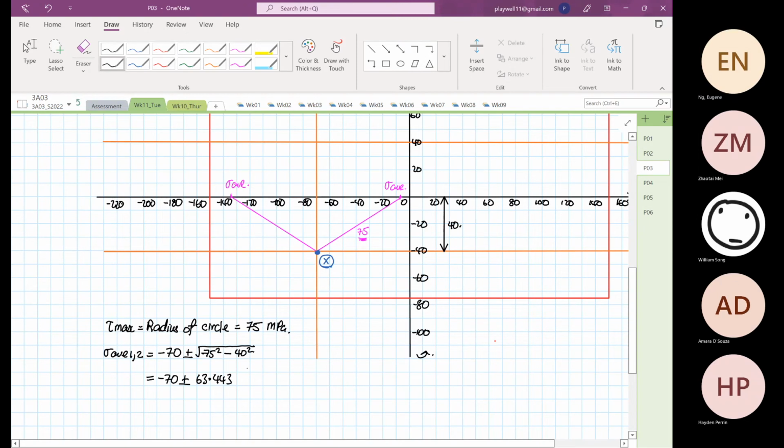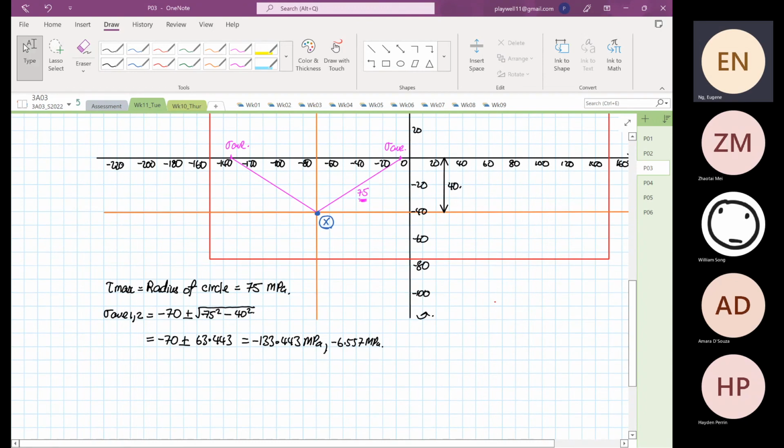The square root is equal to 63.443. So one of the normal stress values, or average stress, is minus 133.443 megapascal, and the other one is equal to minus 6.557. Okay, so we know where our stress value is.